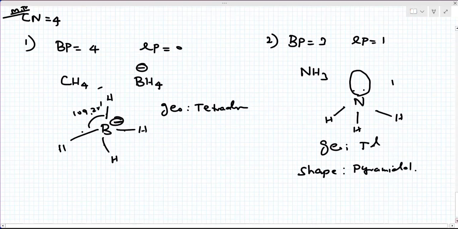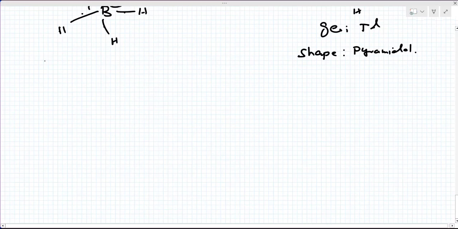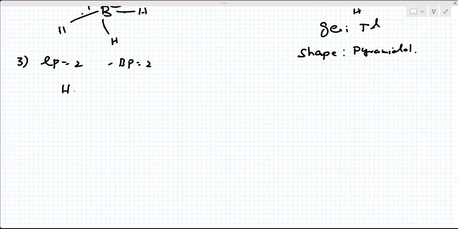Now the third case, the lone pair is 2, and the bond pair is also 2. The example is the water molecule, H2O. Oxygen is group 16, so for a P block element, valence electron is group number minus 10, 16 minus 10, 6 valence electrons. Hydrogen is monovalent. Here a lone pair and here a lone pair.